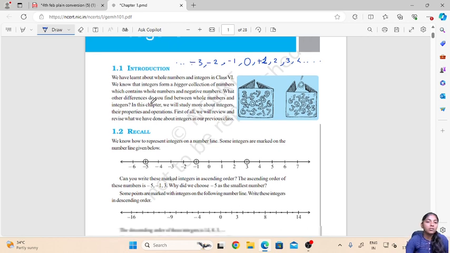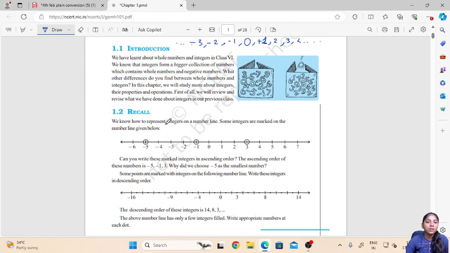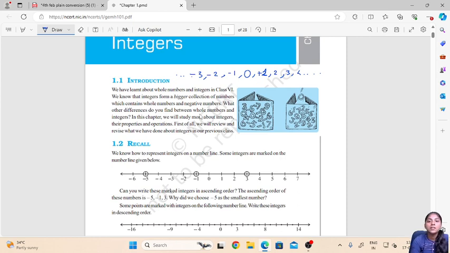So let us recall some of the things about integers. Here these numbers, that is 1, 2, 3, 4 and so on, are called positive integers, whereas -1, -2, -3 are called negative integers.